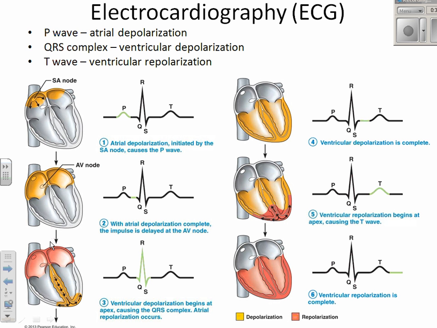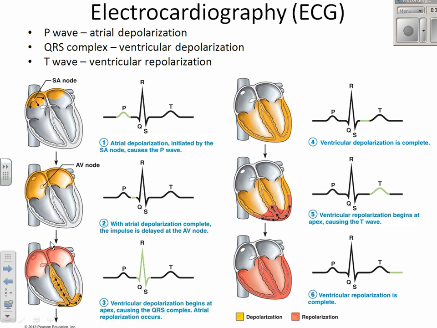The voltage being put out is going to give you how much voltage in millivolts is coming out, and then the time it takes for that to occur is also going to help a doctor figure out how things are going with the heart. And so the 3 parts of that are called the P wave, the QRS complex, and the T wave. So the doctor is going to look at those 3 portions of an ECG to be able to monitor the heart, so see what's going on with the heart.